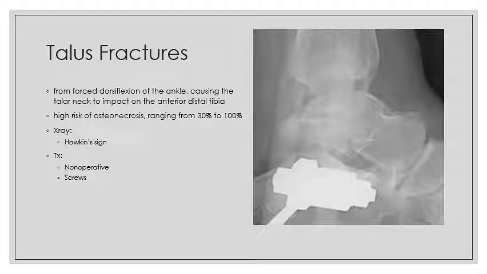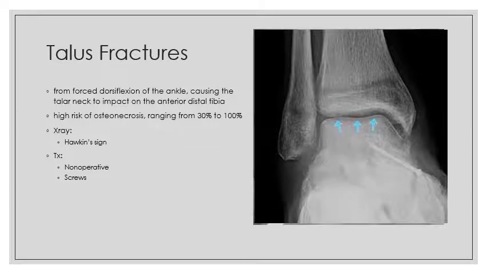In X-ray, we check for the Hawkins sign, which is basically a subchondral lucency that's seen on X-ray after 6 weeks. If you see this small line, if you can appreciate it, it basically means that there's vascularity.